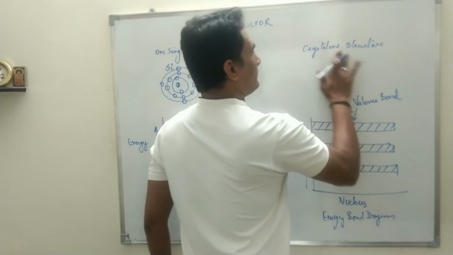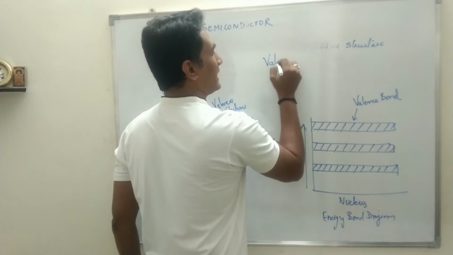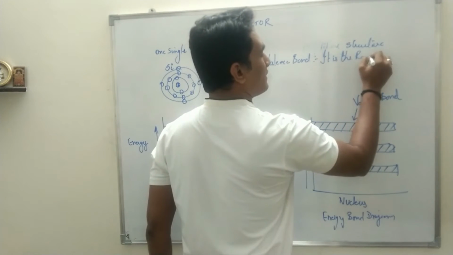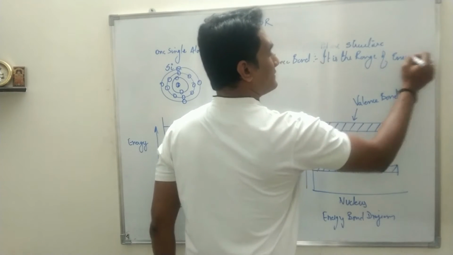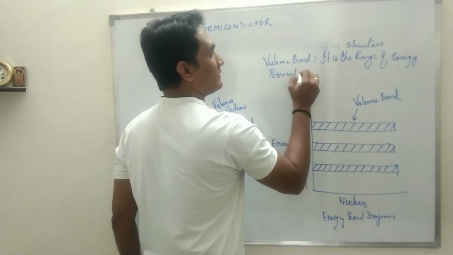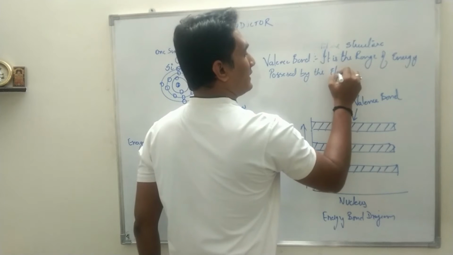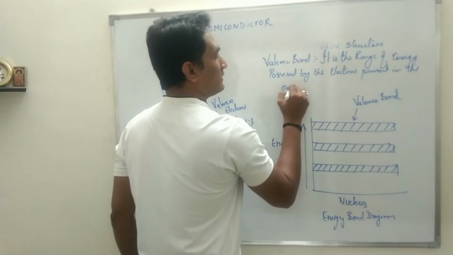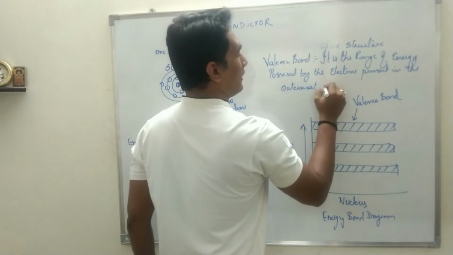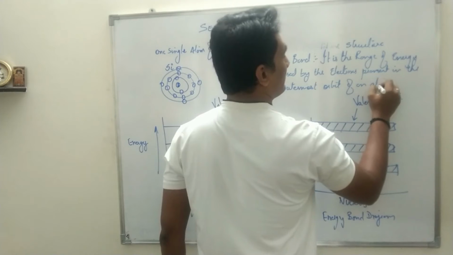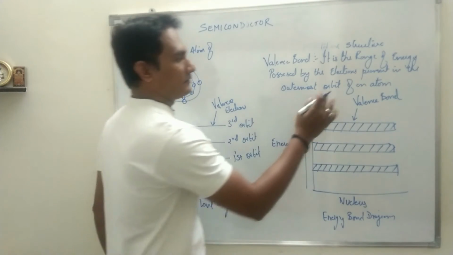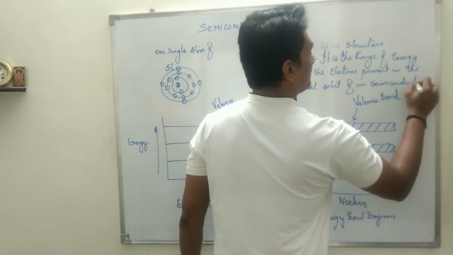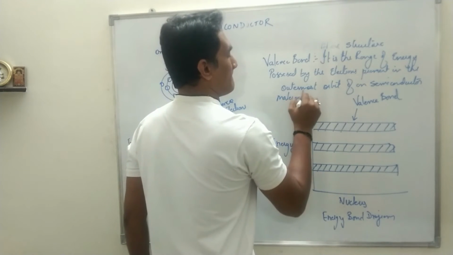Okay, so valence band, it is the range of energy possessed by the electrons present in the outermost orbit of an atom of a semiconductor material.